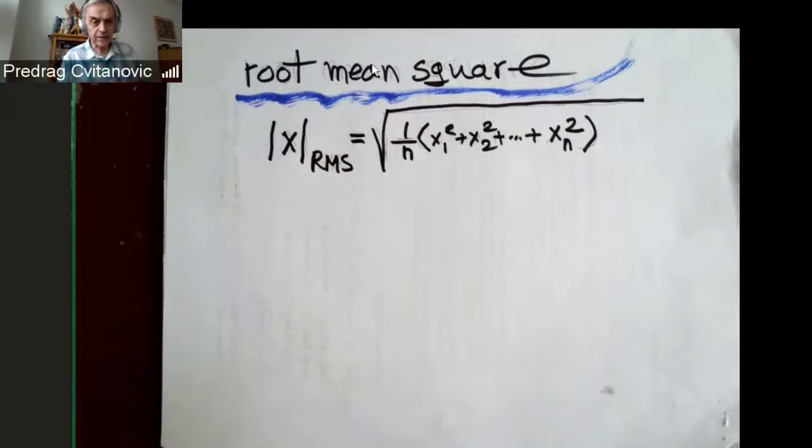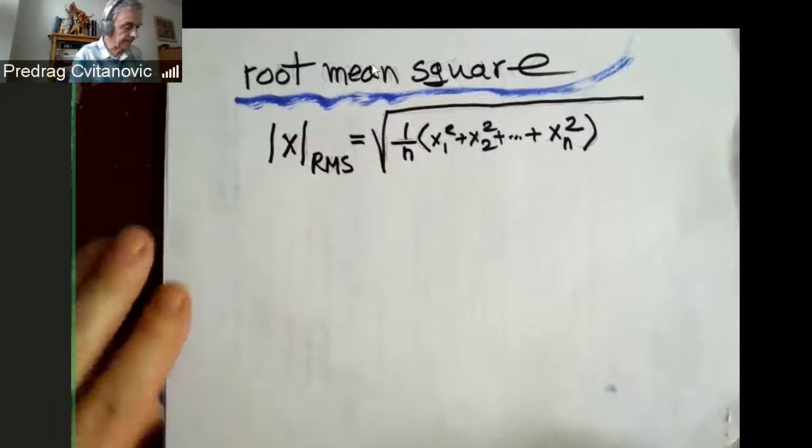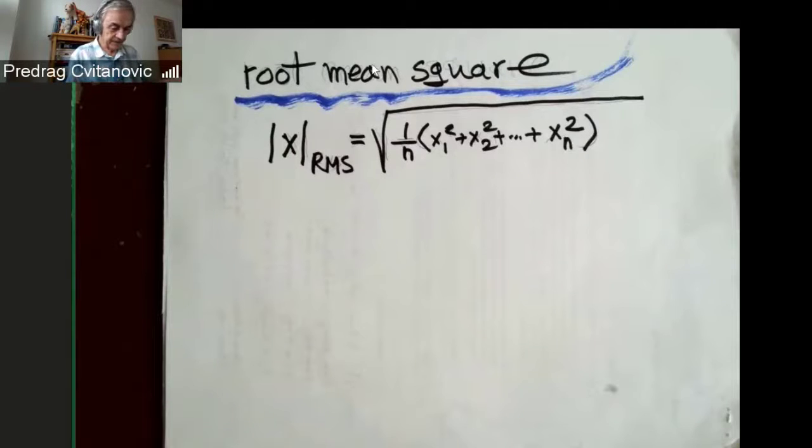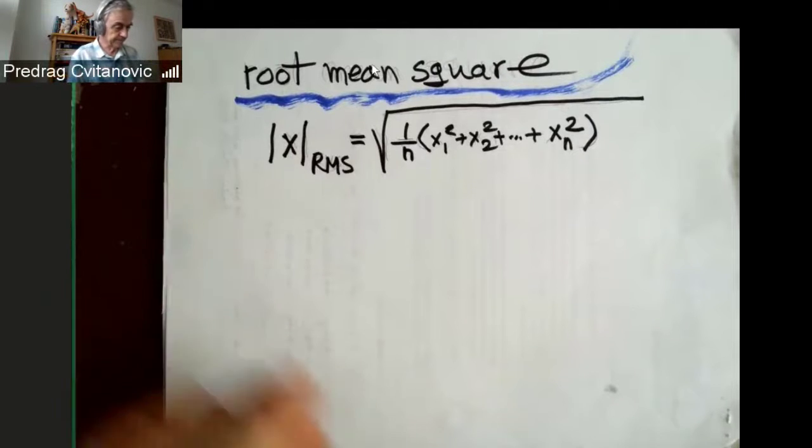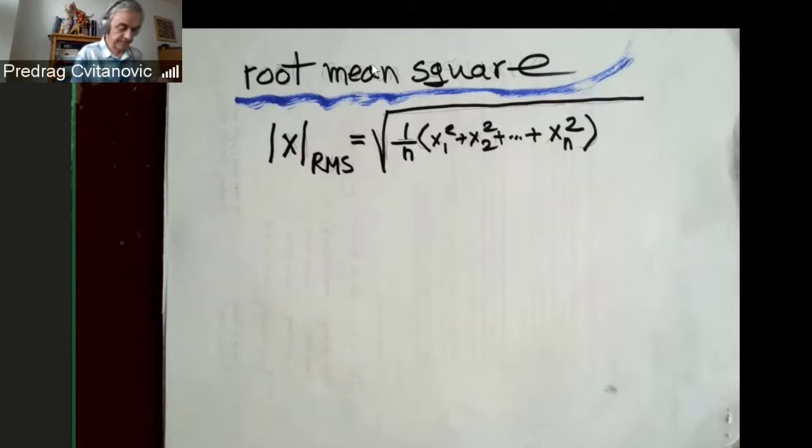And it's just Pythagoras' theorem again, because if I square the thing on the right, I will see that's what I mean by adding up squares to get the length of the vector.